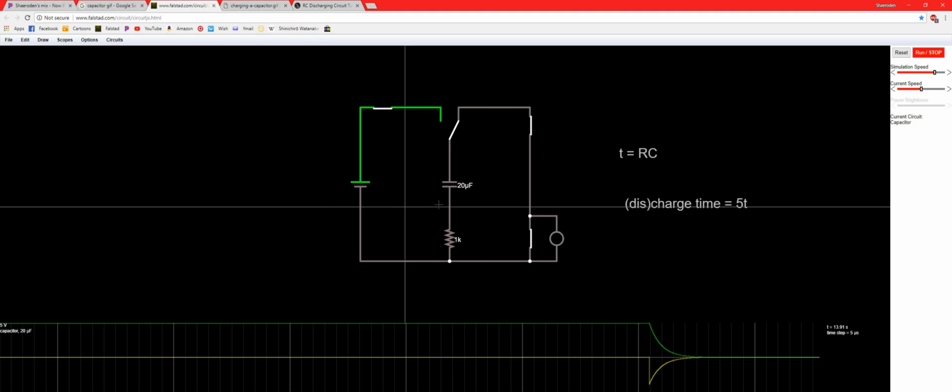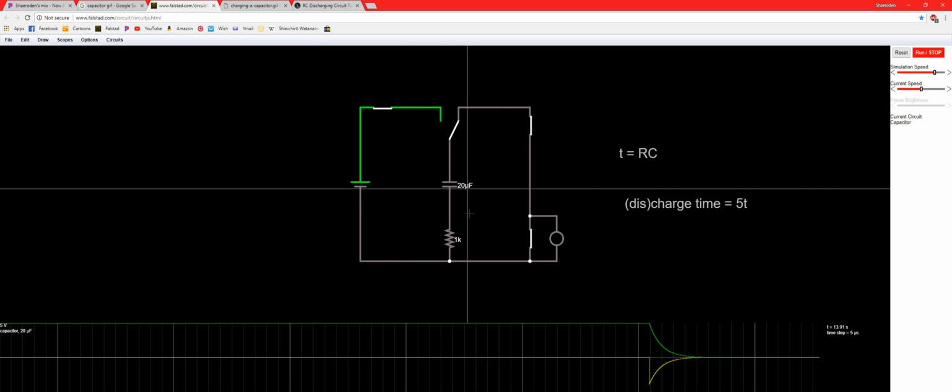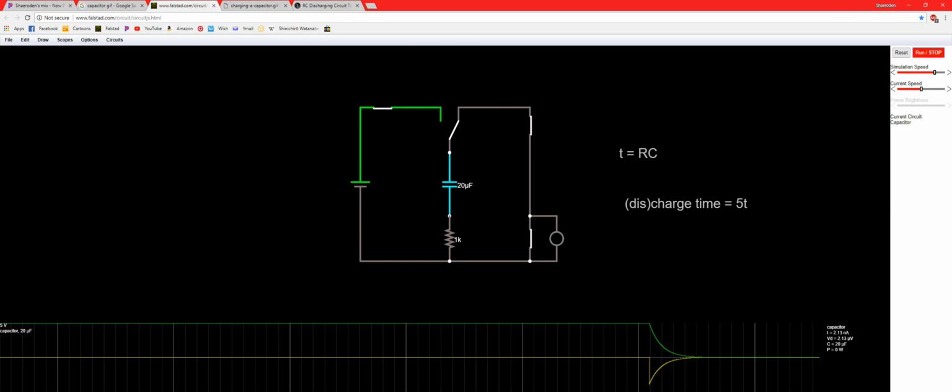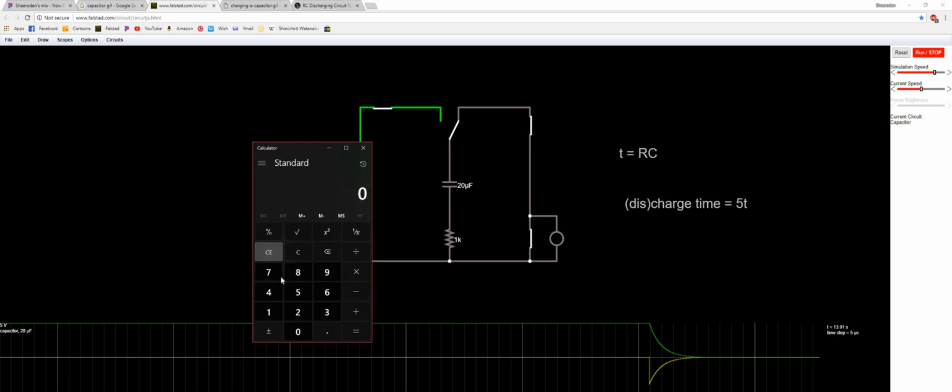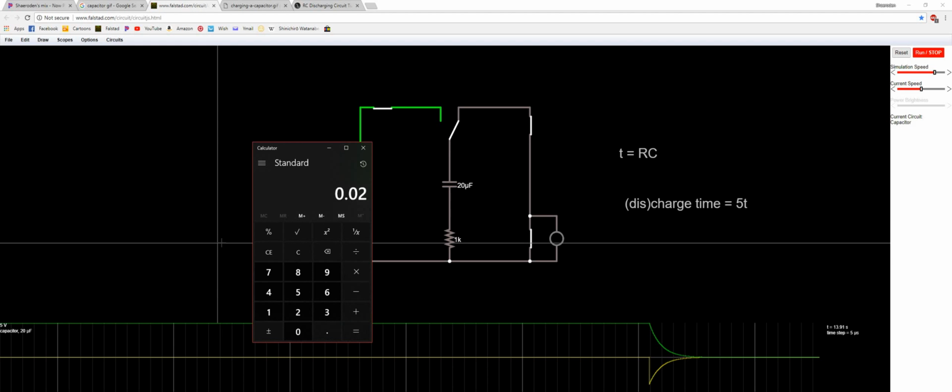So in this circuit, we have a 20 microfarad capacitor with a 1K resistor. Let's bring up our calculator here. So our time constant will be 0.00002 for 20 microfarads times 1000. And that is 20 milliseconds.